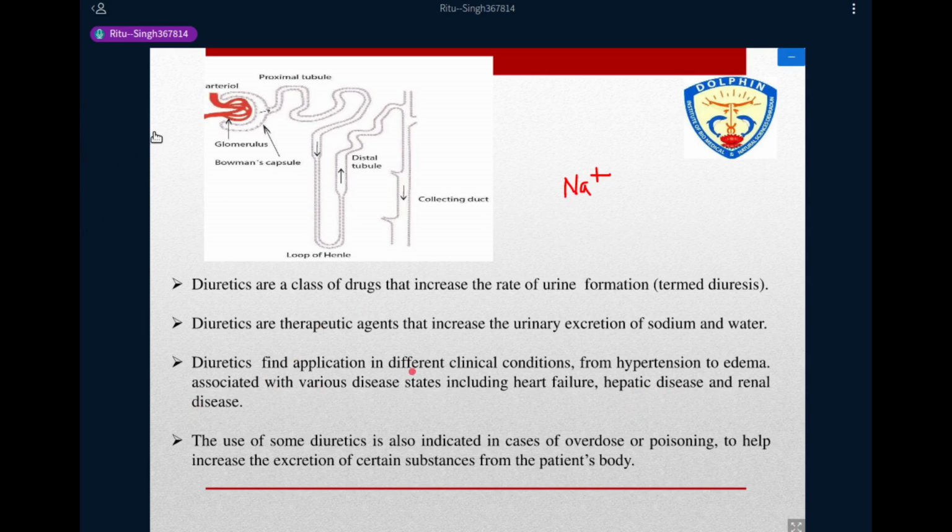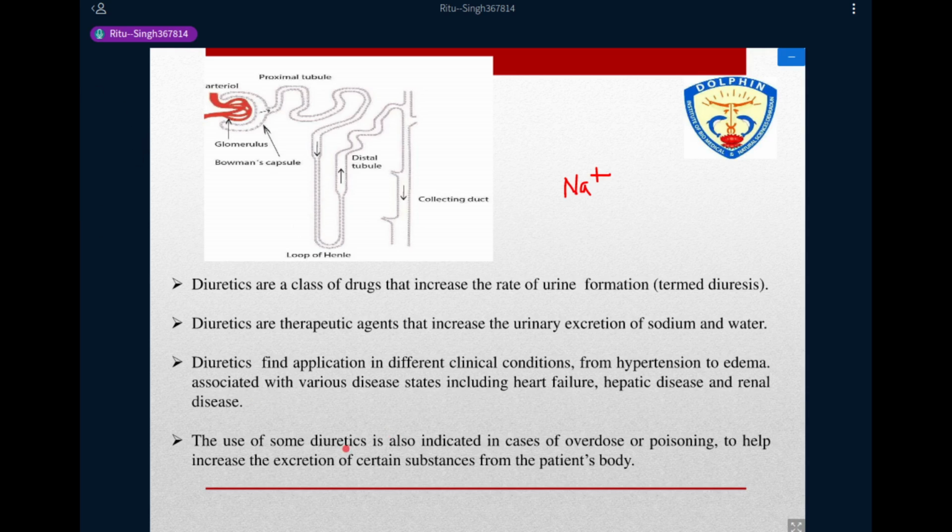In all these conditions, fluid can be deposited in the body. So diuretics help to mobilize this fluid from the body through excretion. Okay, these are the main therapeutic uses of diuretic drugs.